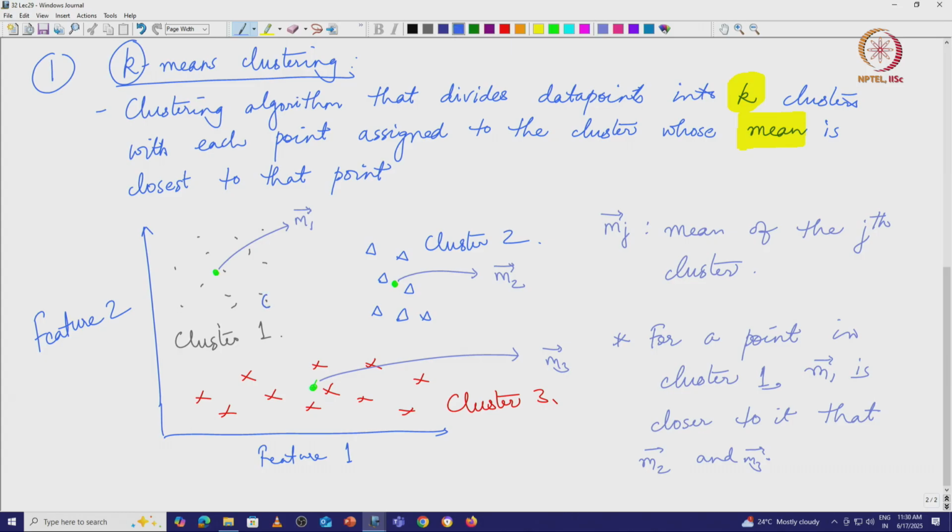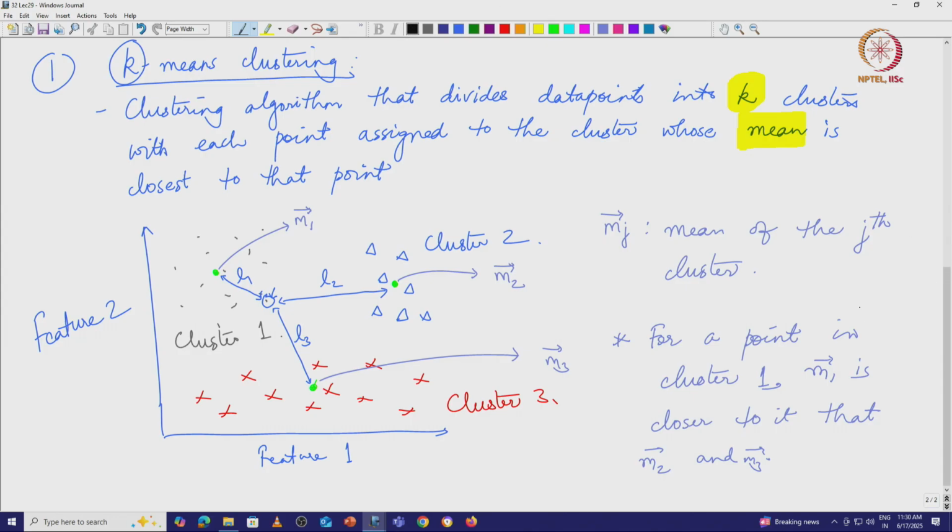So if you take some point here, this distance will be shorter than this distance and this distance. So you can see that the distance from cluster 1's mean, let us say that is L1, L1 is shorter than L2 and L3. So that is how this point here was decided to be put in cluster 1, and this kind of logic can be used for the other clusters as well and other data points as well. So I hope you get a physical feel for how this clustering really works and how clustering is done.